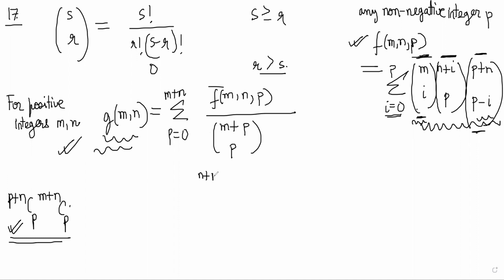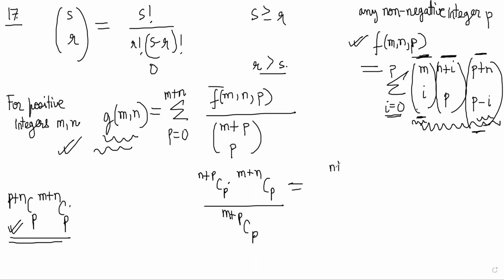So now I will just put it here. It is (n+p)Cp times (m+n)Cp divided by (m+p)Cp, right? So let's just expand it. Here the variable is p, but I will understand what to do only after I do some expansions and figure out what is happening.